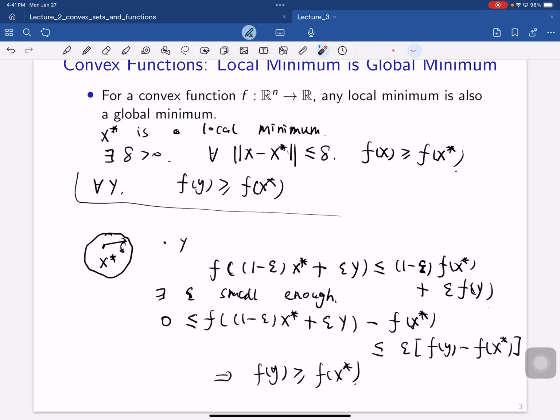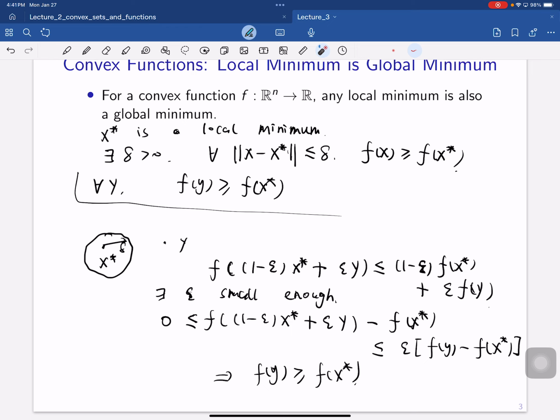Again, to summarize what we did, if x star is a local minimum, we know that there exists a neighborhood of x star. For all the f of x in this ball here, f x star is a minimum, right? And then we take the convex combination of x star and any arbitrary y here, right?